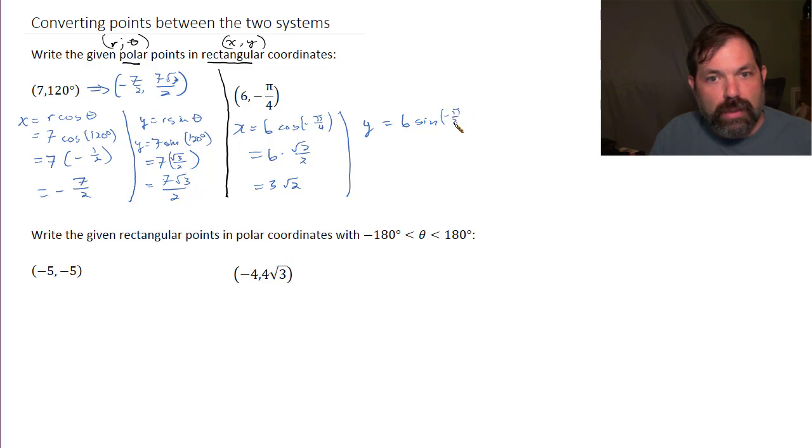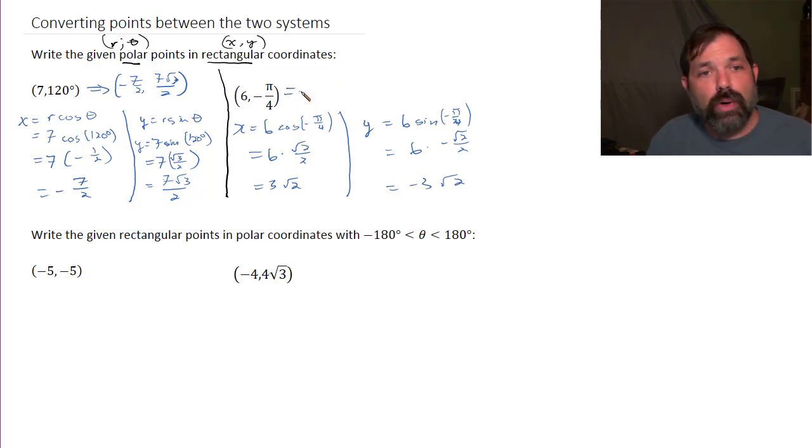The sine of negative pi over 4 is negative root 2 over 2. And so that would be negative 3 root 2. So the polar point 6, negative pi over 4 in rectangular coordinates would be the point 3 root 2, negative 3 root 2.